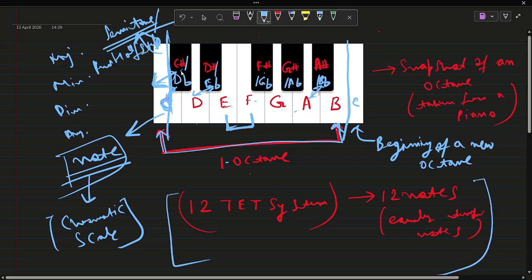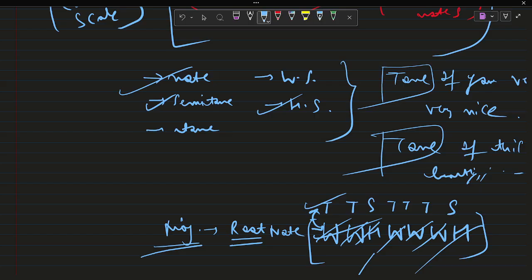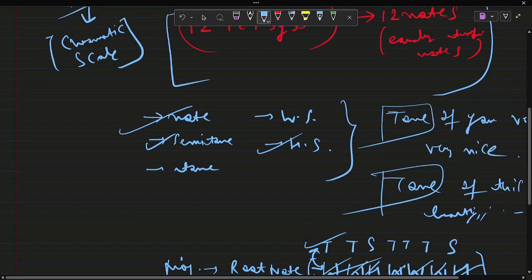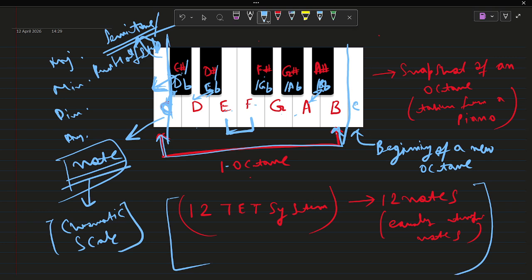Okay, so I think the terms semitone and half step are now crystal clear to you. And suppose instead of going to the adjacent note, we go to the adjacent of the adjacent note.